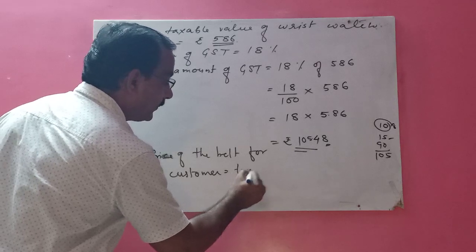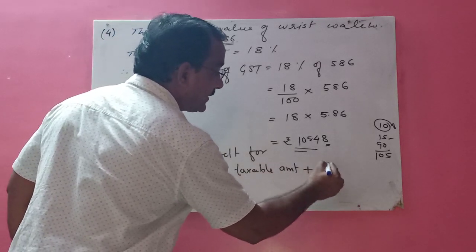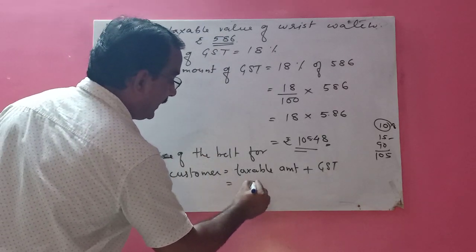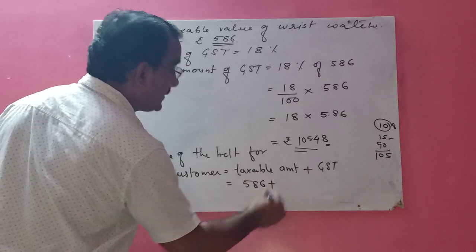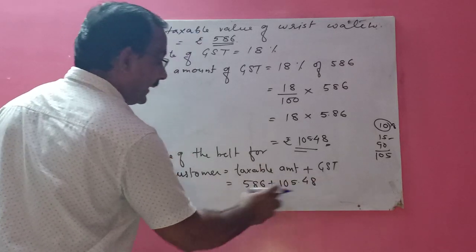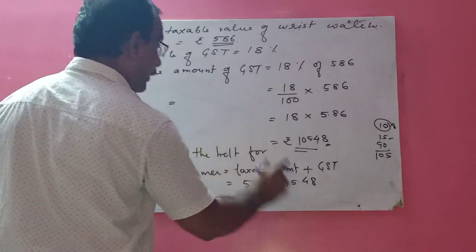Taxable amount plus GST. So the taxable amount is how much? 586 plus 105.48. Add these two, how much will you get?